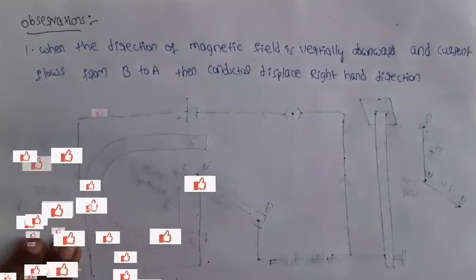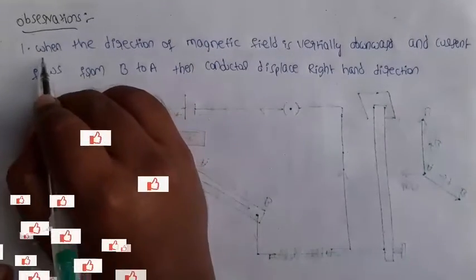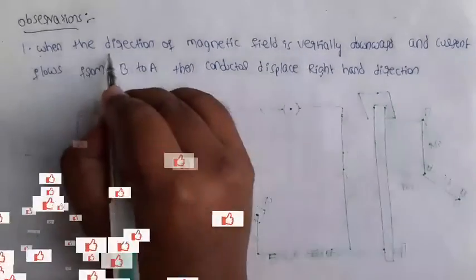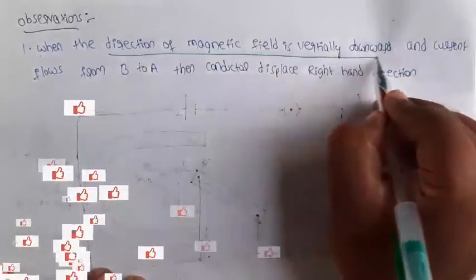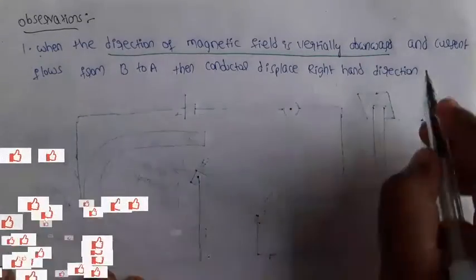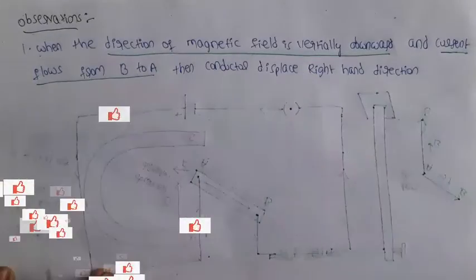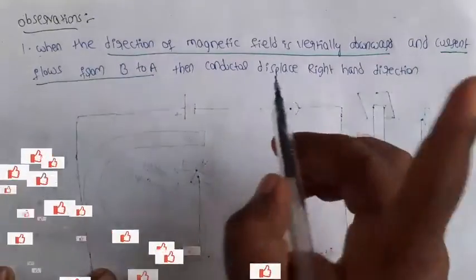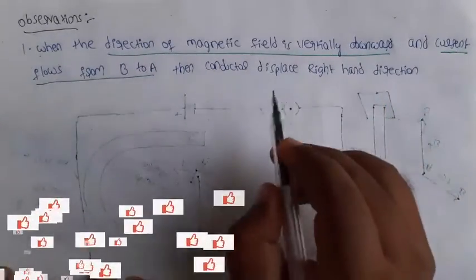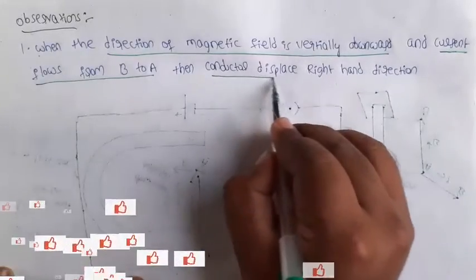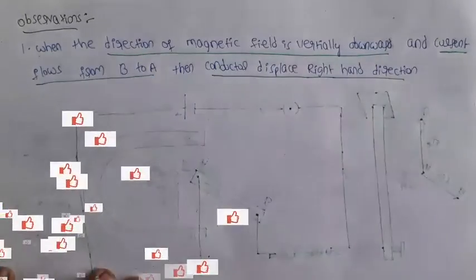Here, what is the direction of the magnetic field? When the direction of the magnetic field is vertically downward and current flows from B to A, in that situation the magnetic force acts on the conductor, and that conductor displaces in the right hand direction.